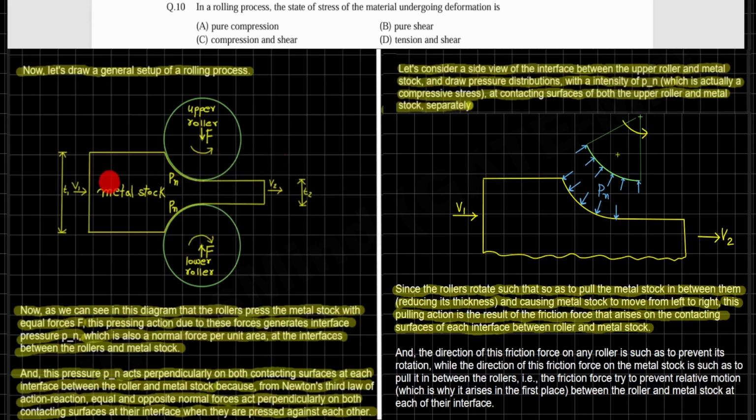So when the metal stock comes in contact with the rollers, there exists a relative velocity or a slip between the metal stock and the rollers. And this generates a friction at each interface between the metal stock and the rollers.